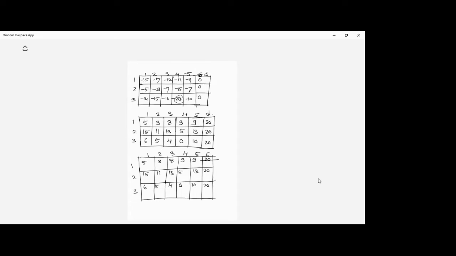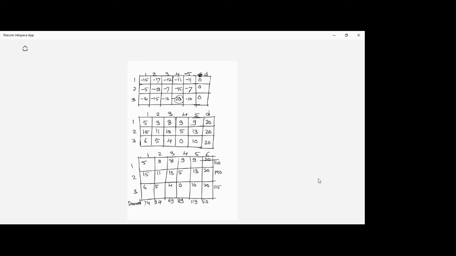We have to write supply and demand also. So here it is 74, 94, 69, 39, 119, and here it is 50, 140, 190, 150. Let's calculate the penalties for column 1.